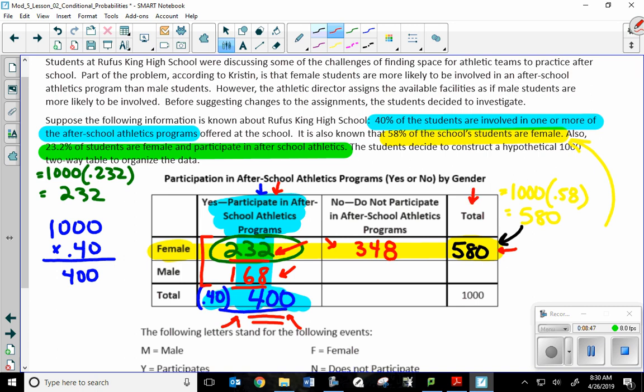Okay. Now, let's look at this total column right here. If I add up all my females to all my males, I should get 1,000 students. So 580 plus what is 1,000? 420. Okay, well, let's do something else. Let's look at our male row. This row right here, moving left to right. 168 plus something is going to give me 420.